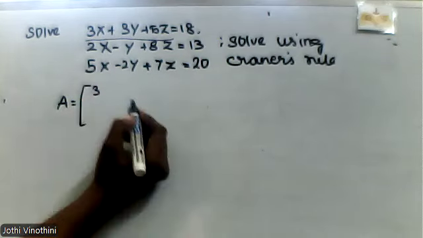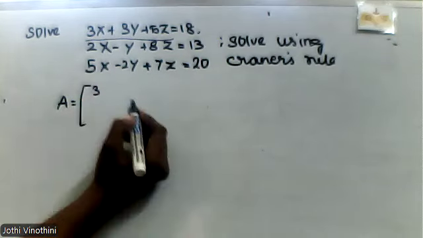If you are going to find del 2, we replace the second column by B. If you are going to find del 3, we replace the third column by B. Whatever the del number, we replace that particular column with the elements of B, so that we can get del 1, del 2 and del 3. To find x, y or z, we divide del 1, del 2, del 3 by del.